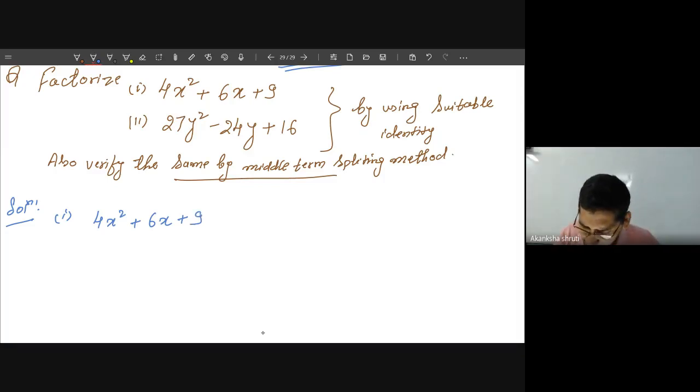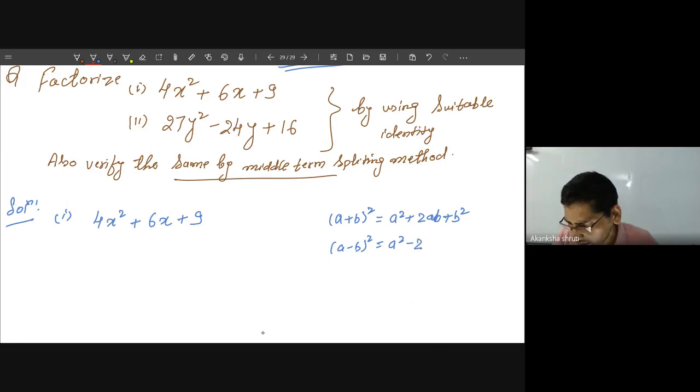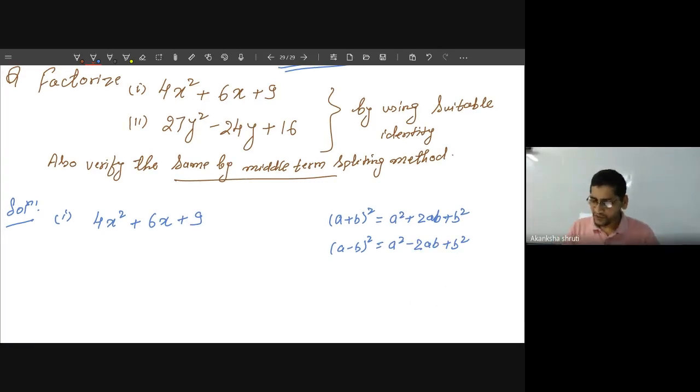We have the identity (a plus b) whole square is equal to a square plus 2ab plus b square, and (a minus b) whole square is equal to a square minus 2ab plus b square. Students, what is the difference?